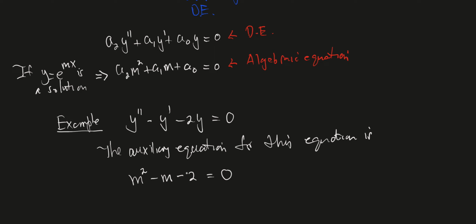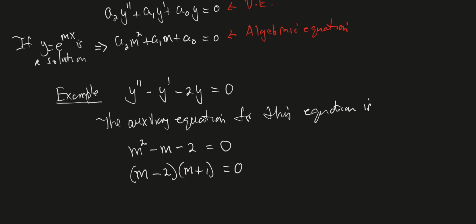So if we can solve this, we can figure out what m is, and it's possible that we get two solutions, so maybe two special functions that will work. This factors as m minus 2 times m plus 1 equals 0, so we have two solutions.